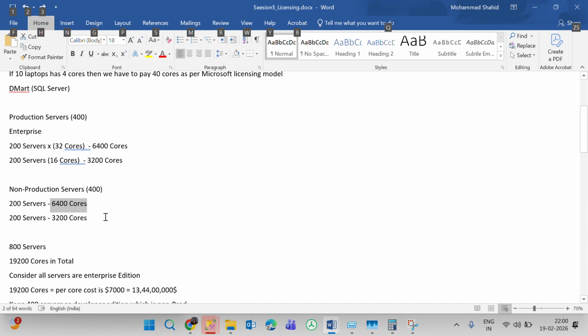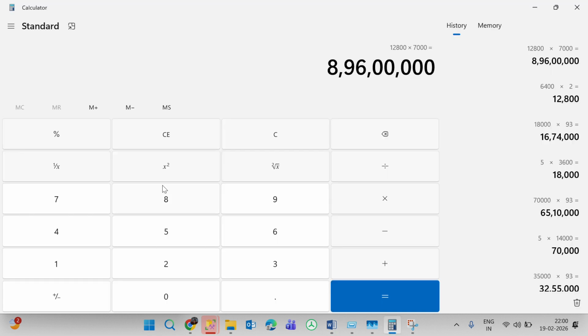Also, if we take 3,200 cores into 2, that is 6,400, into 7,000 we will take.